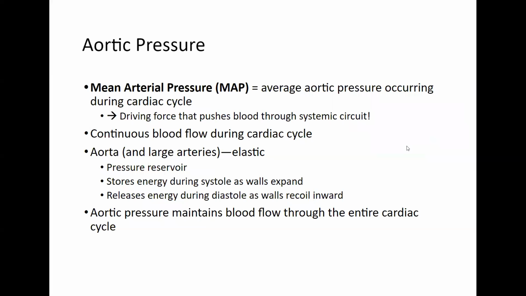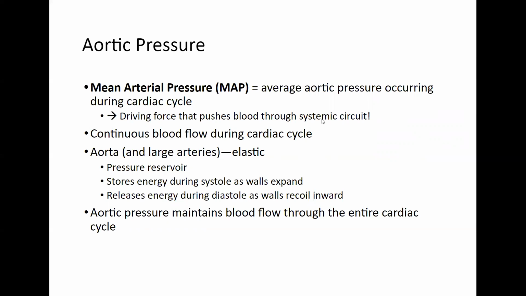Okay. Here we go, in words. Our mean arterial pressure is the average pressure in the aorta occurring during the whole cardiac cycle. This is important because the pressure in the aorta is what continues moving blood through the systemic circuit. So out to your liver, out to your gut, out to your, I don't know what, your pancreas, everywhere that gets blood.